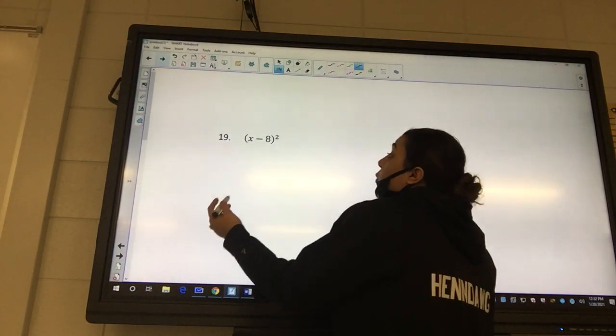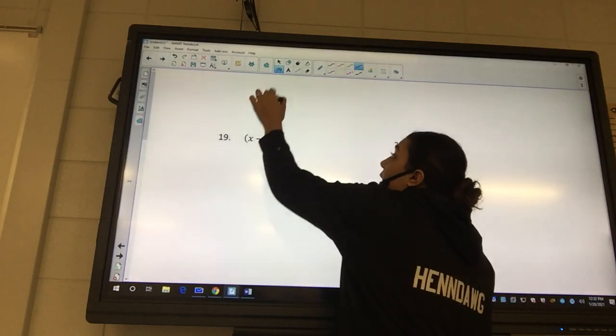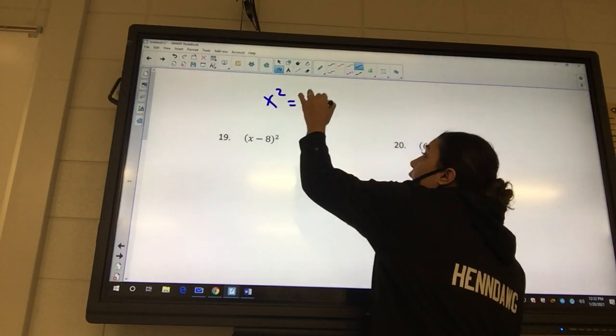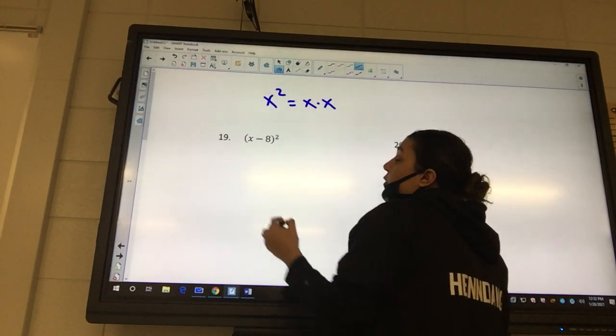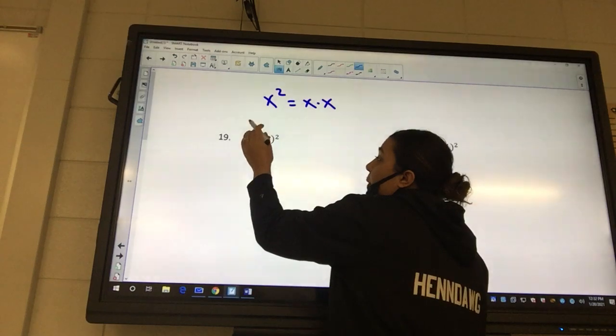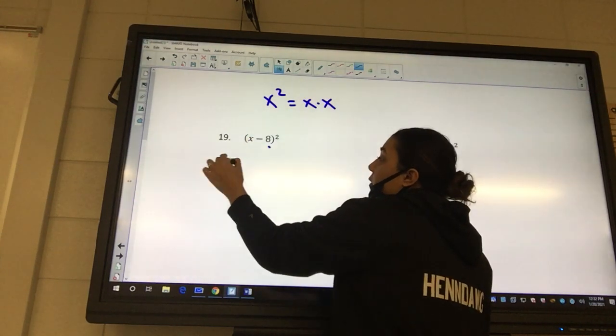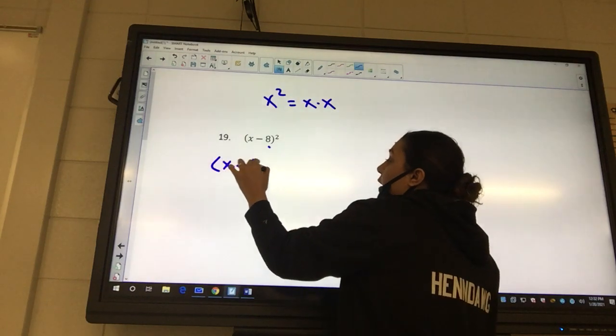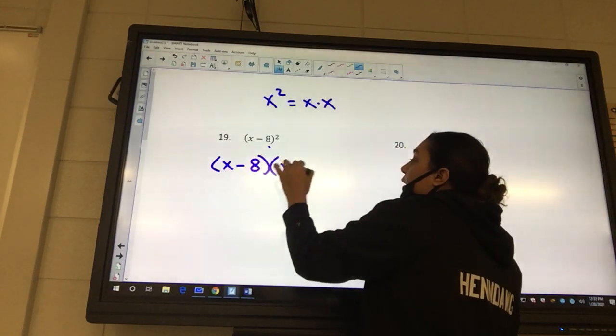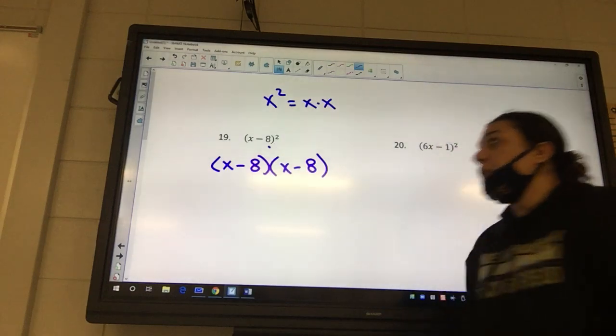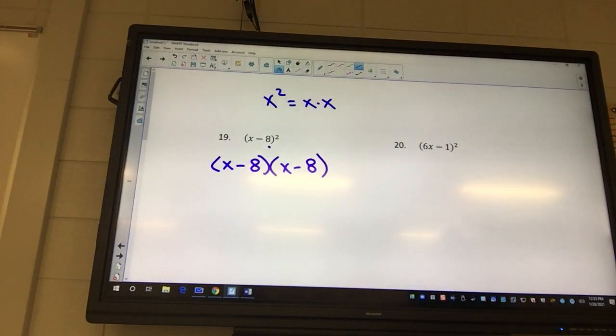So what you can do is, because x squared really means x times x, you could change this whole inside and just write it twice. So 8x minus 8, x minus 8. Okay, that's what that means, just write it twice.